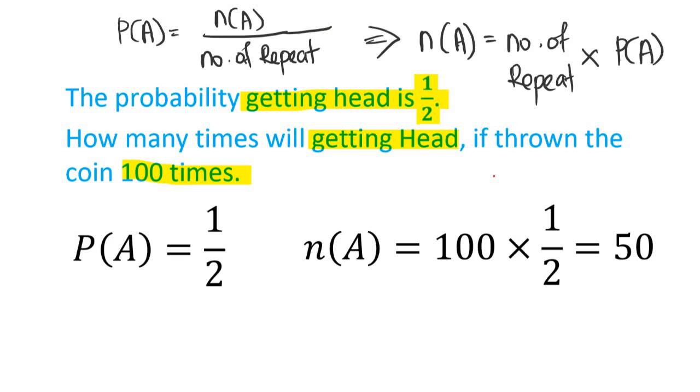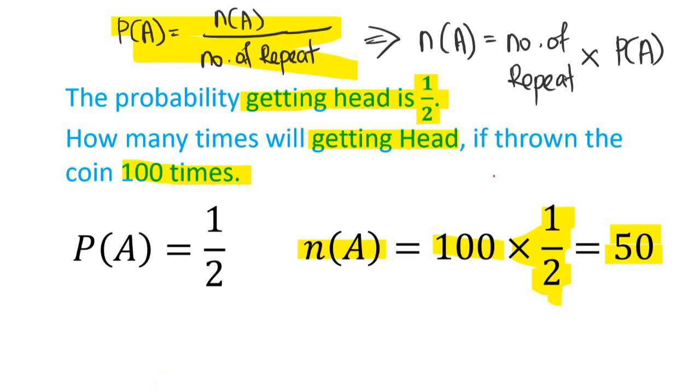So I have number of event A equal to 100 times repeat multiplied by the probability of getting heads, 1 over 2, and I get 50. This is the first example.